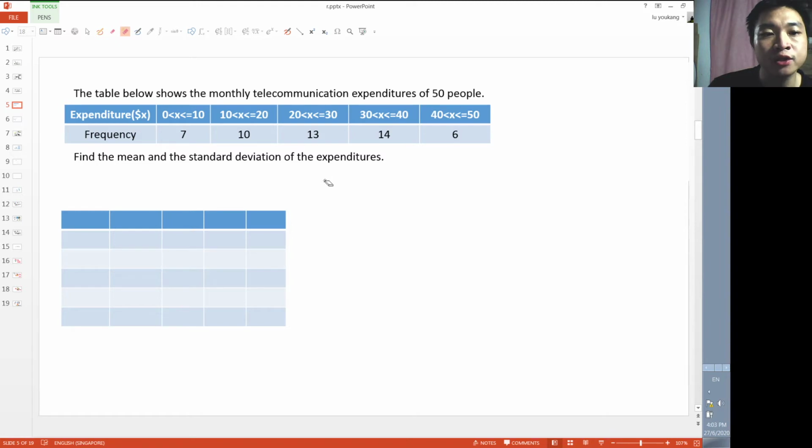I think it's always good to establish your own table, in this manner. So what I'm going to do is write down the range first. You have your range from 0 to 10. Take note of the notation here.